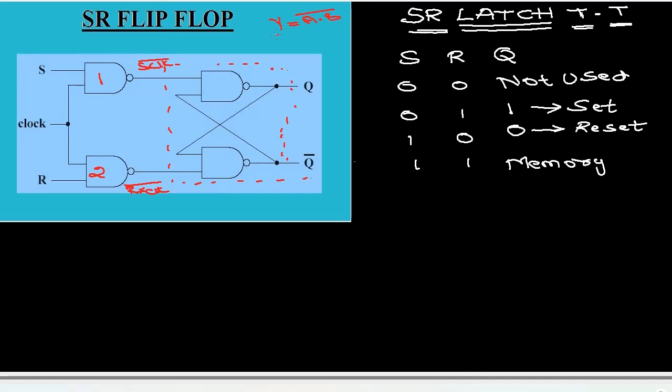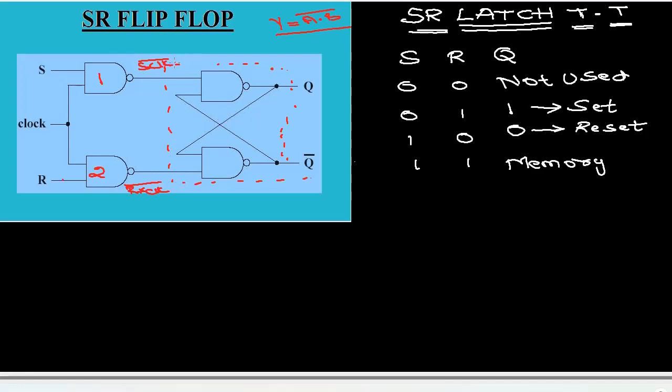This is the Boolean expression for a NAND gate. That's why the first NAND gate inputs are S and clock, so its output is S into clock complement, and the second NAND gate inputs are R and clock, so the output is R into clock, whole complement.